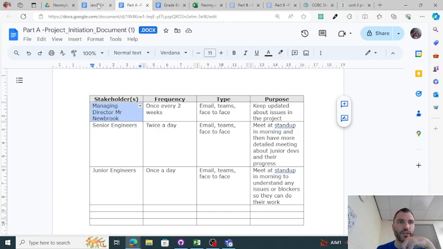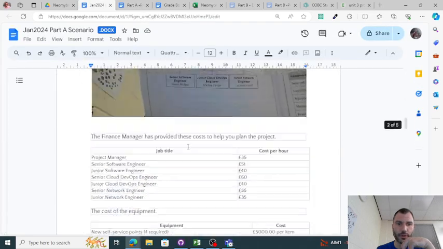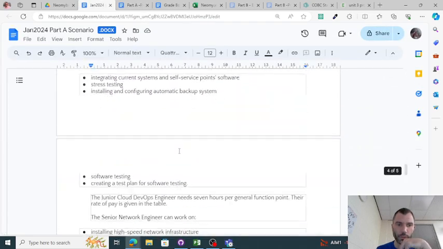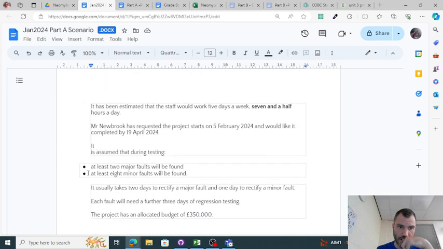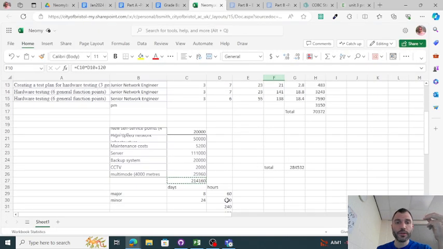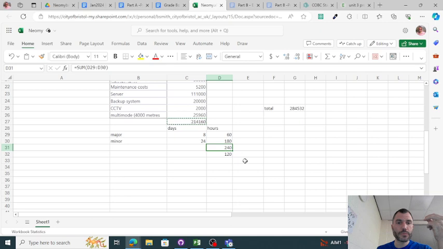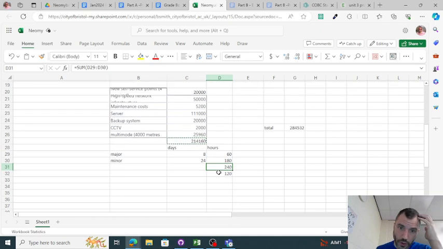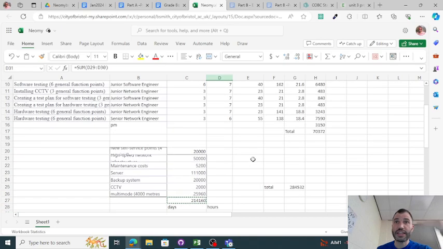What did they actually say for the software and how many faults was it? It was 2 major and 8 minor. Now, I assume that there would be 2 major and 8 minor for both the software and the hardware, right? So it was 240 hours for each, right?